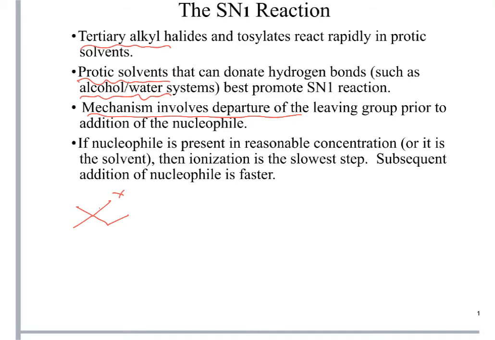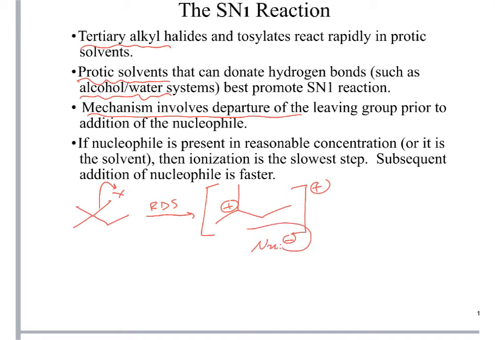So step 1 is dissociation of the leaving group, leading to formation of the carbocation intermediate, followed by addition of the nucleophile to give us the substituted product.